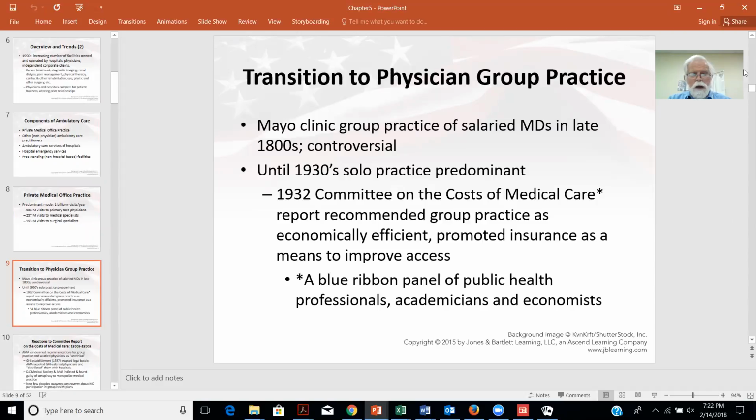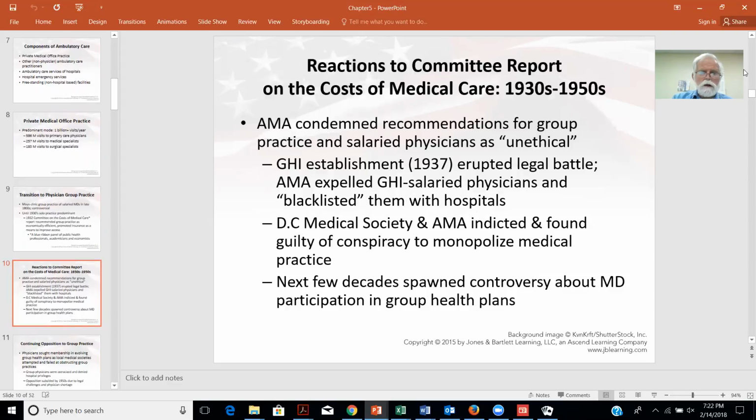We need to look back at what created the current structure, which is mainly group practices. There are very few private sole practitioners left in medicine. It's just very expensive. Group practice was pushed starting in the 30s and then was fought. The establishment of group health care and group health insurance caused huge amounts of problems within the medical system and within the medical profession.